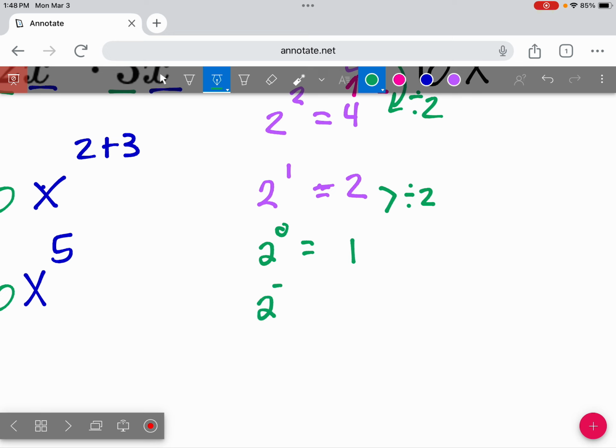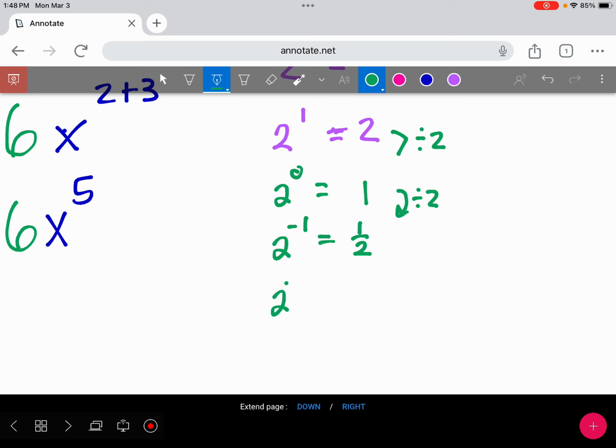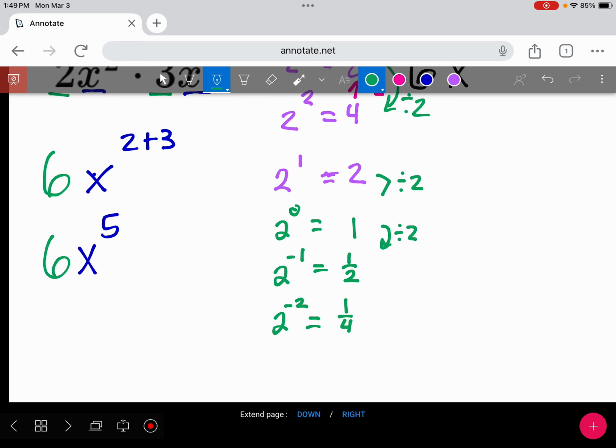So I'm going to go down again. 2 to the minus 1: I need to divide by 2. What's 1 divided by 2? 1/2. 2 to the minus 2: 1/2 divided by 2. If I have half a pizza, dividing it among 2 people, they each get 1/4 of a pizza. So look at these in pairs. What's the difference between 2 to the first and 2 to the minus 1?